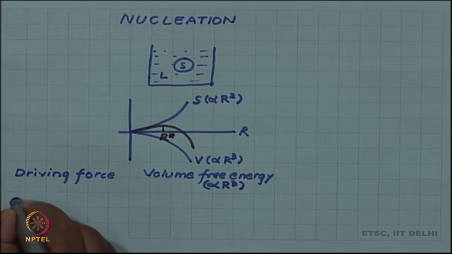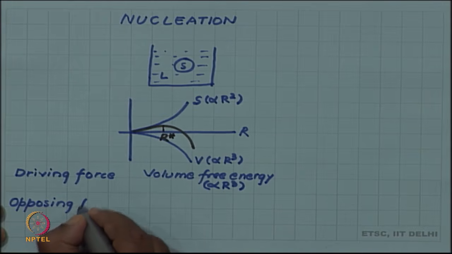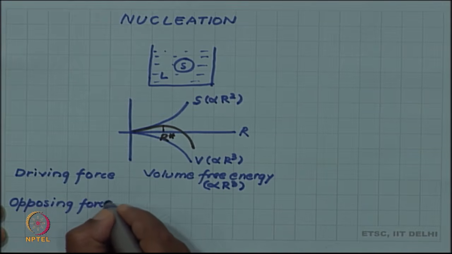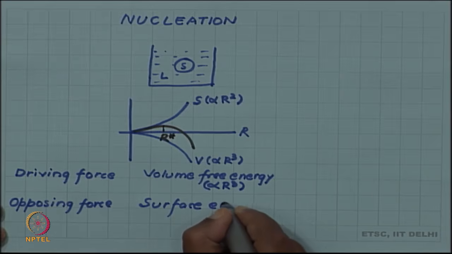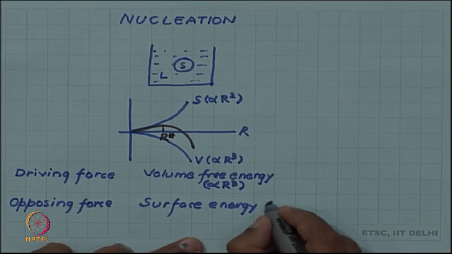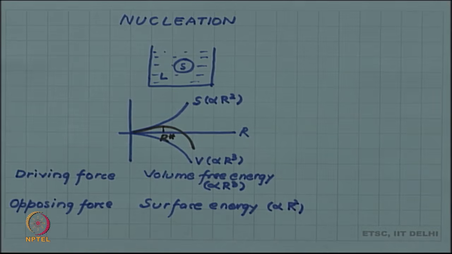But there is also an opposing or a barrier term, let us call it opposing force. There is a surface energy, and this is proportional to R square.